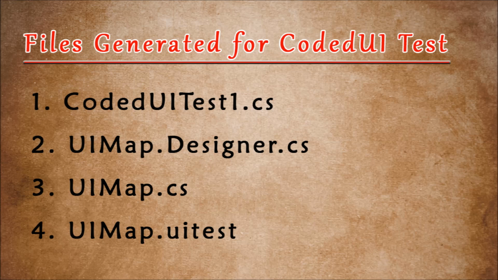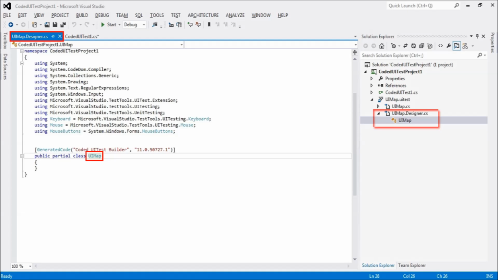First one is CodedUITest1.cs. We have already discussed this earlier. The second one is UIMap.Designer.cs. Here we have UIMap. So what is UIMap? It is a class. It represents a map of user interface elements for serialization and deserialization of a UI test object.